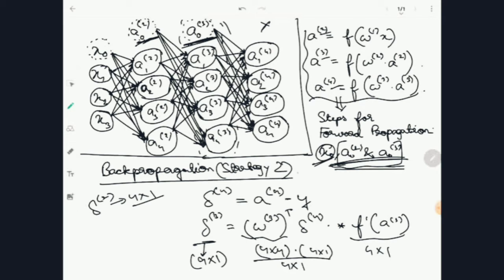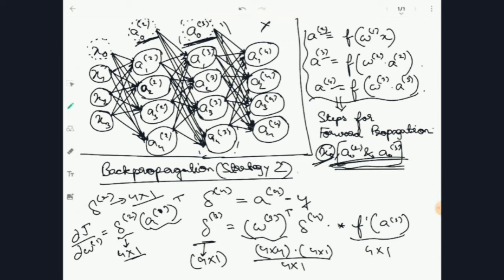Now when you will be calculating the gradient del J del W1, which is delta 2 times a1, that is actually x transpose. Now delta 2 is here. What is the shape? It is only 4 by 1. And what about a1?